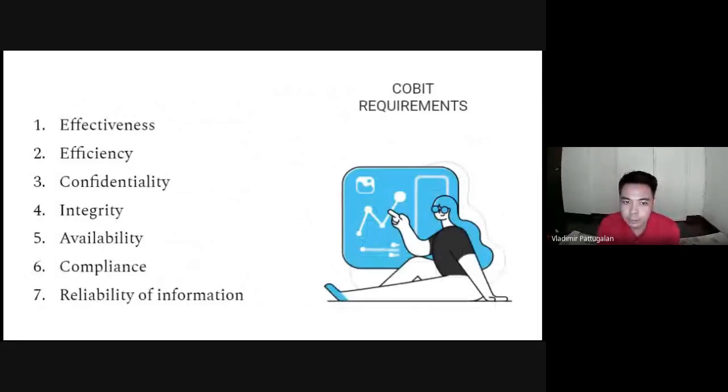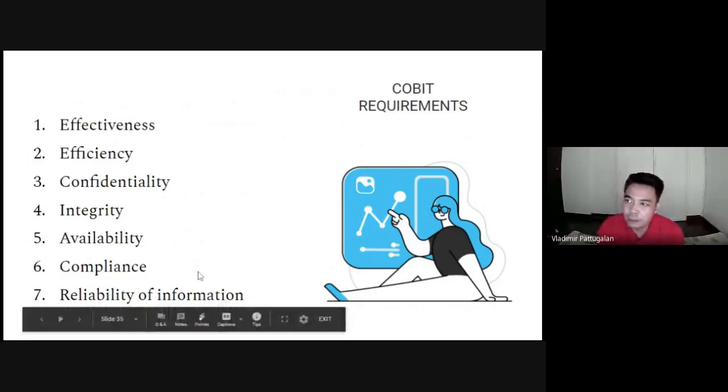Okay. So the requirements of the COBIT are effectiveness first. So effectiveness is the delivery of relevant information to be able to contribute to the business. And efficiency is, of course, the optimal use of resources. And next is confidentiality, integrity, availability, and compliance. When we talk about compliance, it's complying to some set of external rules.